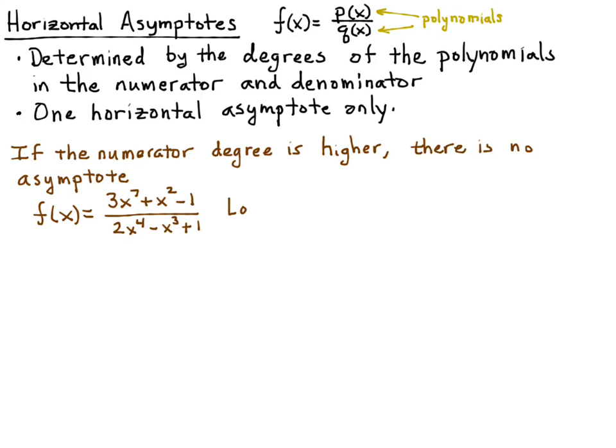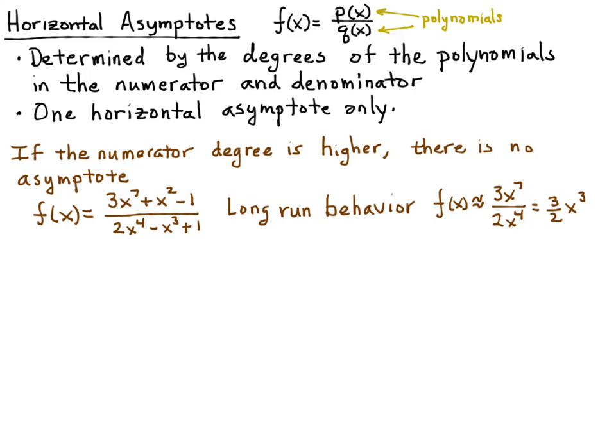In the long run, the leading term is going to dominate. When x is very, very large or very, very small, this function is going to look like just 3x to the 7th over 2x to the 4th. If we simplify that, it's going to look like 3 over 2 x cubed.